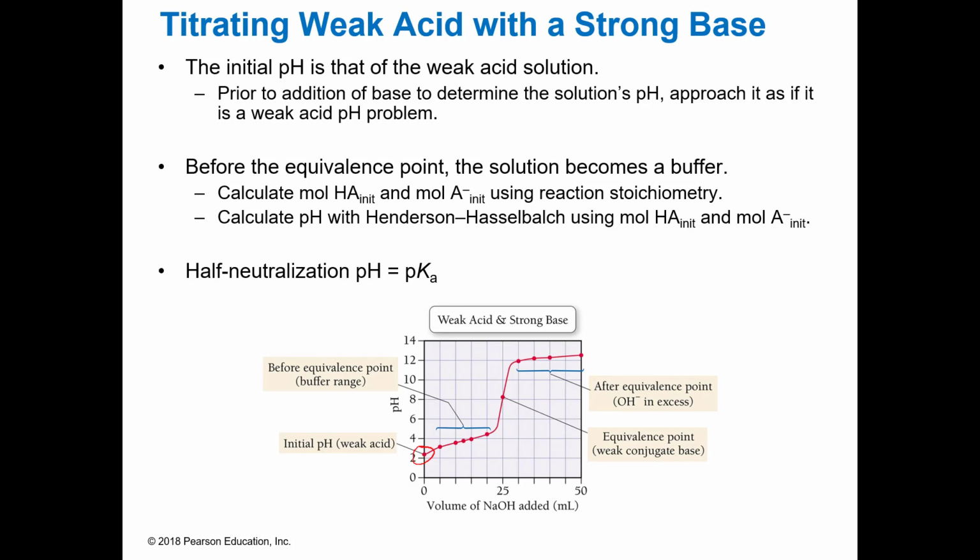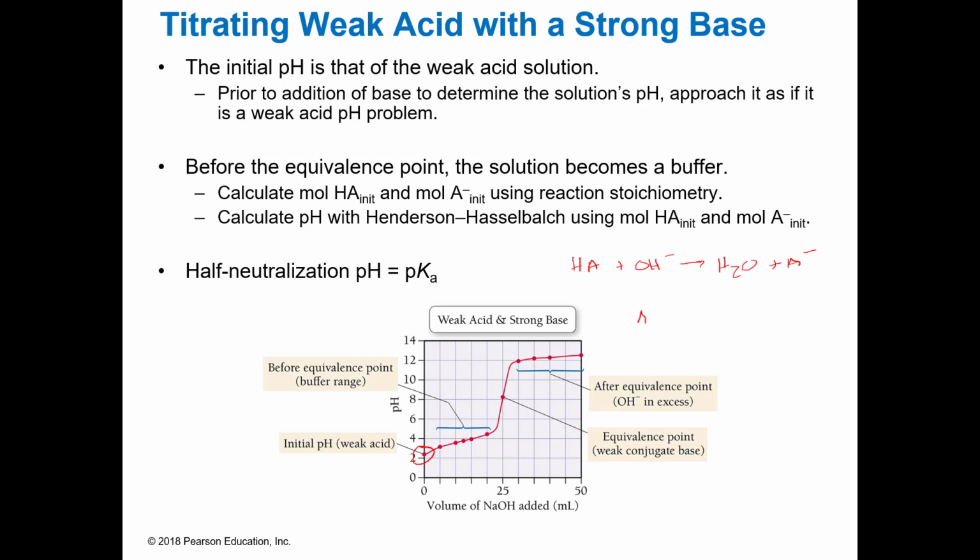Okay, so if you wanted the general equation here, you have a weak acid. You're going to add a strong base. We'll just write the hydroxide ion: sodium hydroxide, potassium hydroxide, lithium hydroxide. And we're going to get water. The hydrogen ion from the weak acid reacts with the hydroxide ion, forms water, and then we get the conjugate base, A negative.